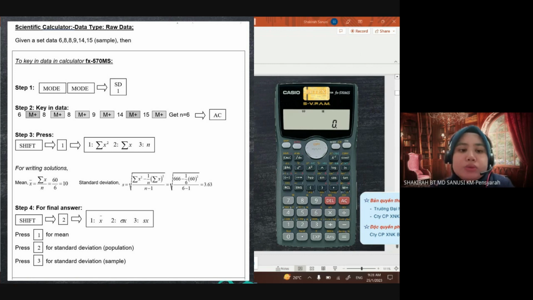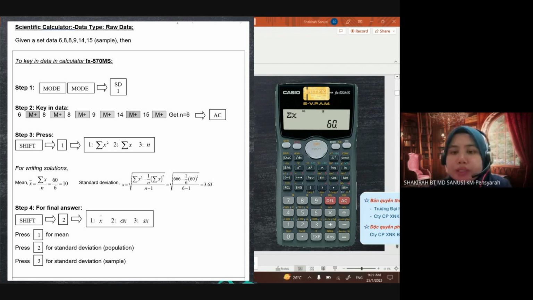Now let's move to step 3. We need to press shift 1 so that we can get the individual values, which are summation x square, summation x, and n. For example, I want summation x for us to find our mean, so we need to rewrite it in our formula. Press 2 there and equal. So you get 60.